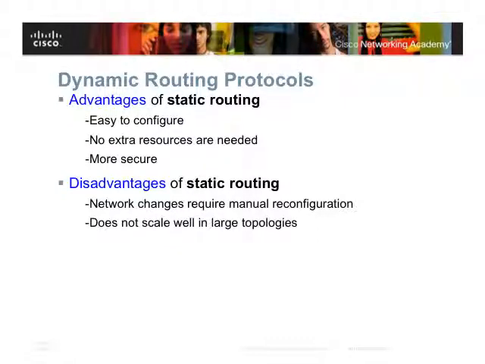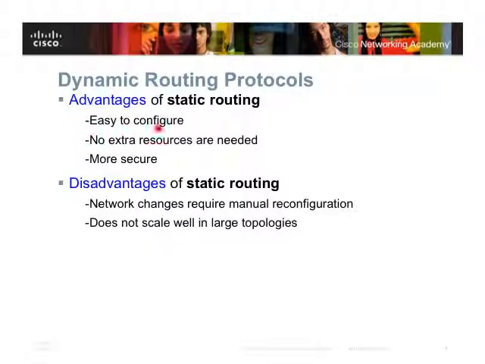Why more secure? Because I don't need to exchange messages. What typically happens in dynamic routing protocols, and it's one of the biggest issues in dynamic routing protocols, is that if there is any eavesdropper, he or she can listen to these messages, and then extract the network topology based on these messages. And then disguise or pretend to be one of the legitimate routers in the network based on knowing this topology.